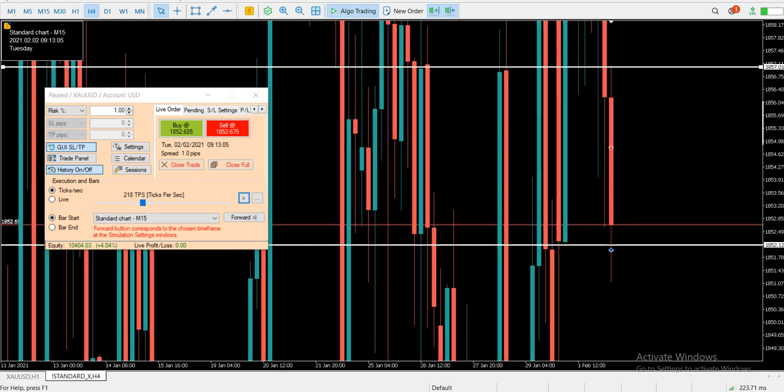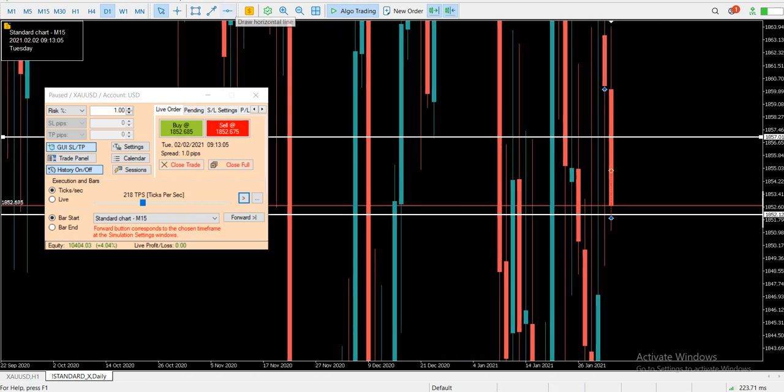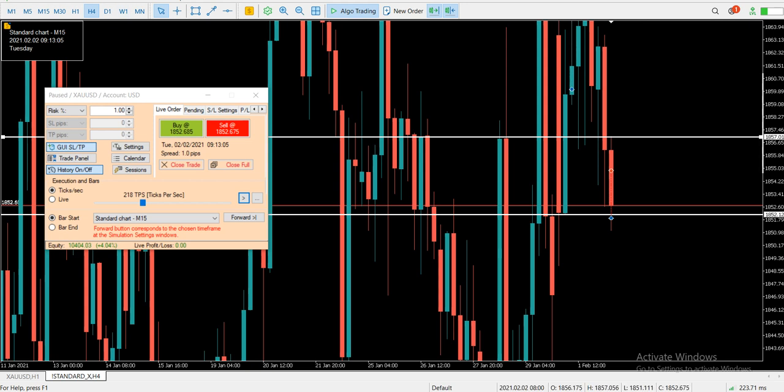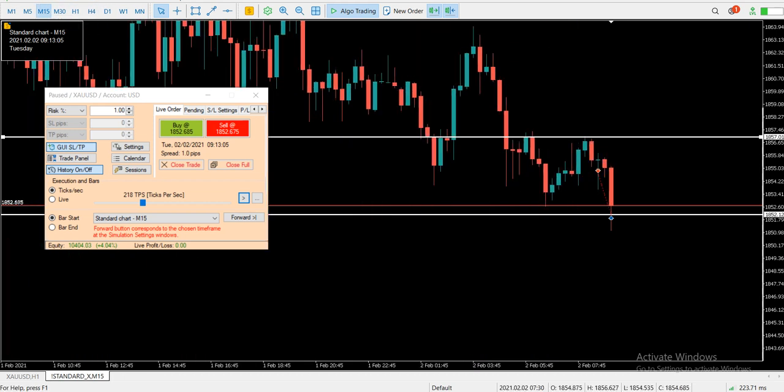The idea was simple. I visualized where this 4 hour candle could go, right? My visualization was that, okay, on the daily we are pushing down, on the 4 hour we can fill this wick and maybe tap this zone, right? Then I looked for resistance on the smaller time frame.